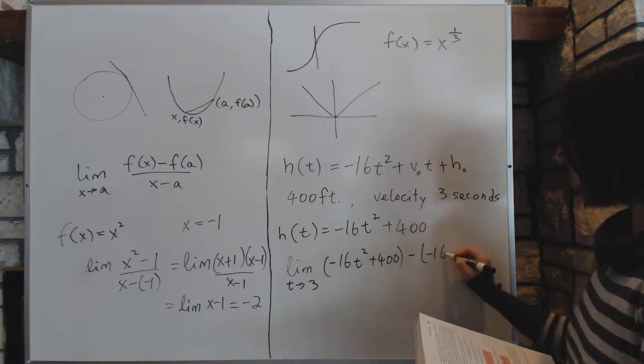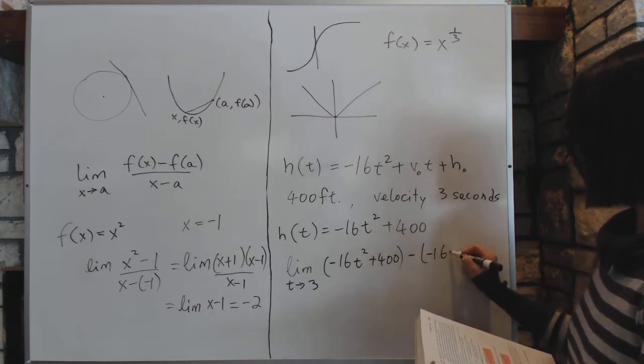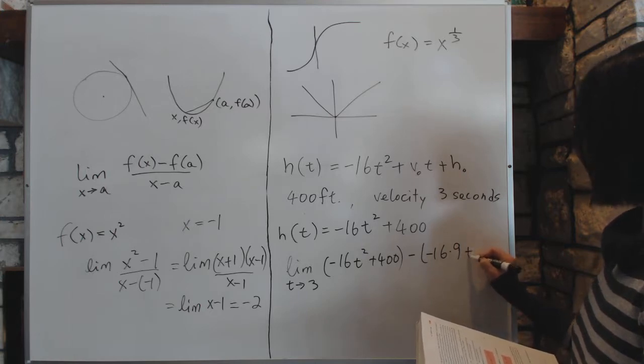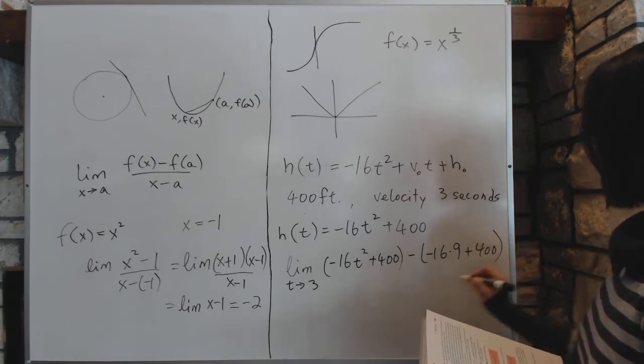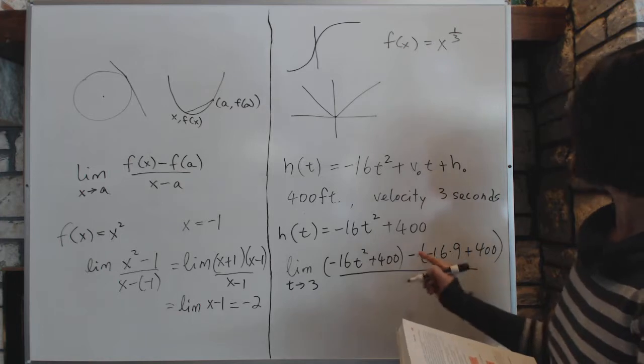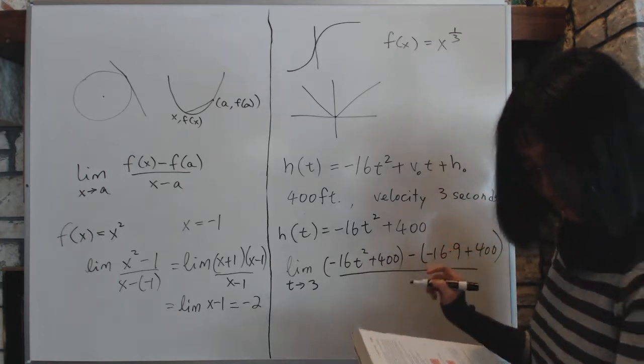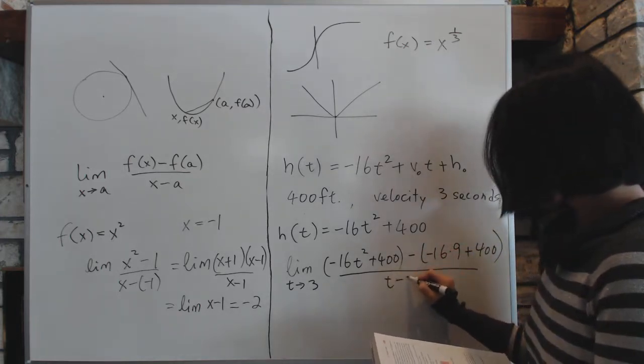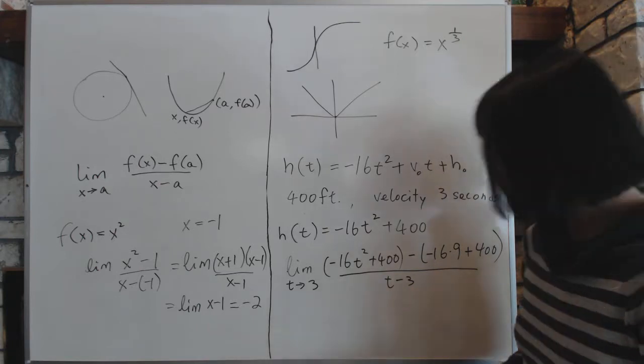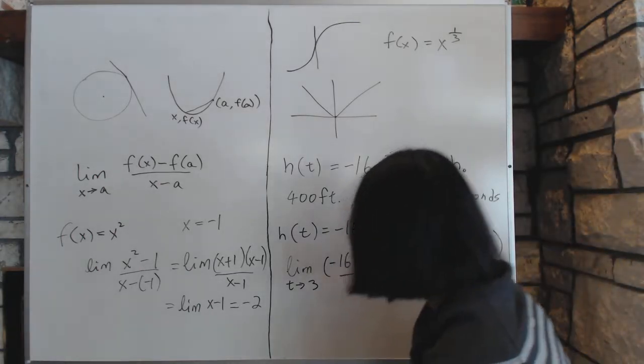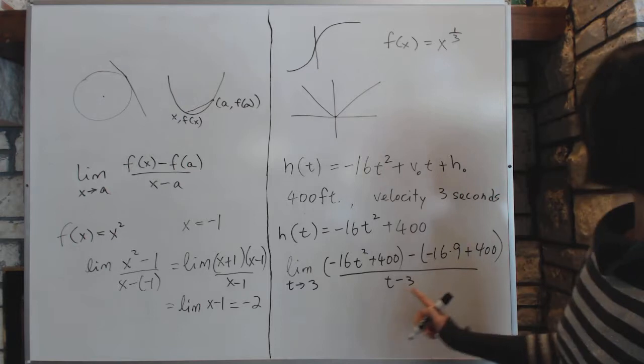That's minus 16 times 3 squared, which is 9, plus 400, and then divided by the bottom, which is t minus 3. You have to calculate the limit of this thing as t goes to 3.